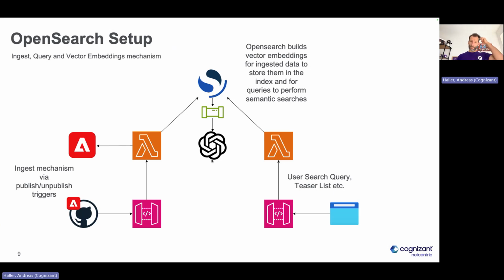So we see here on the left again the ingestion process. We have this trigger, publish, unpublish, via an API. We have our custom Lambda function code where we can even enrich the data or pick the right data depending on what type of page we want to ingest. And we can send this data to our OpenSearch backend, to our index.